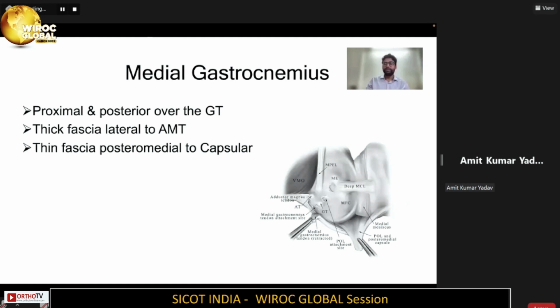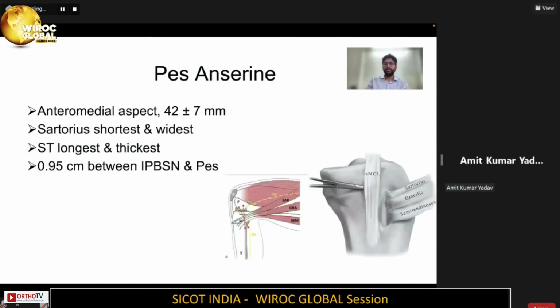Medial gastrocnemius is attached over the gastrocnemius tubercle. It has two fascia, thick and thin. The thick fascia is just lateral to the adductor magnus tendon, and the thin fascia is posteromedial to the capsular part of the posterior oblique ligament.